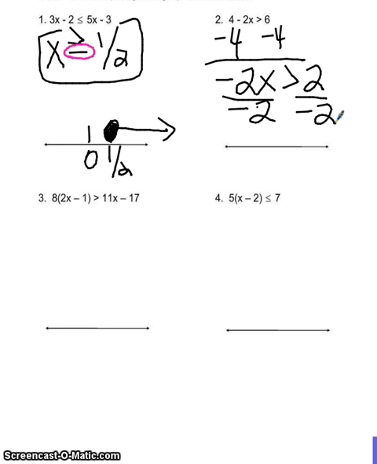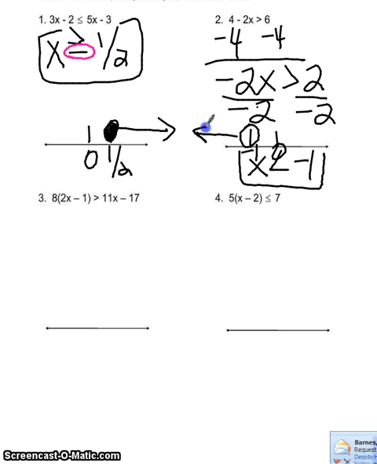So here instead of x is greater than negative 1, I really should have that x is less than negative 1. And again, I said we were going to graph it. We must have the 0 labeled on the graph. And I'm going to have my negative 1. And since it's just less than and it's not equal to, I'm actually going to have an open circle. And my arrow will go to the left towards my negative values.